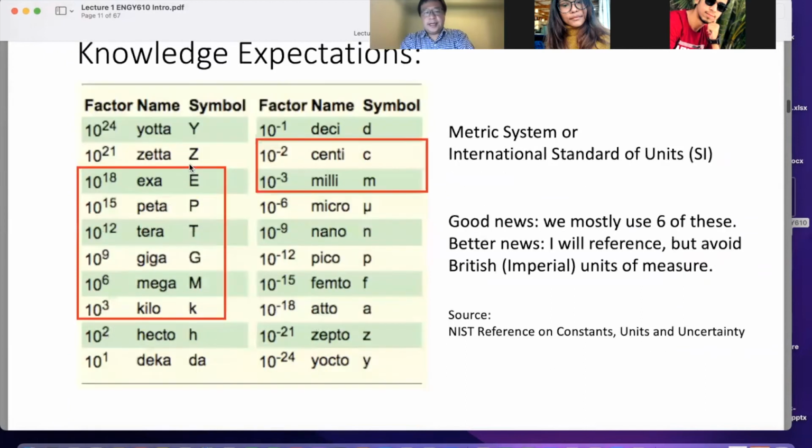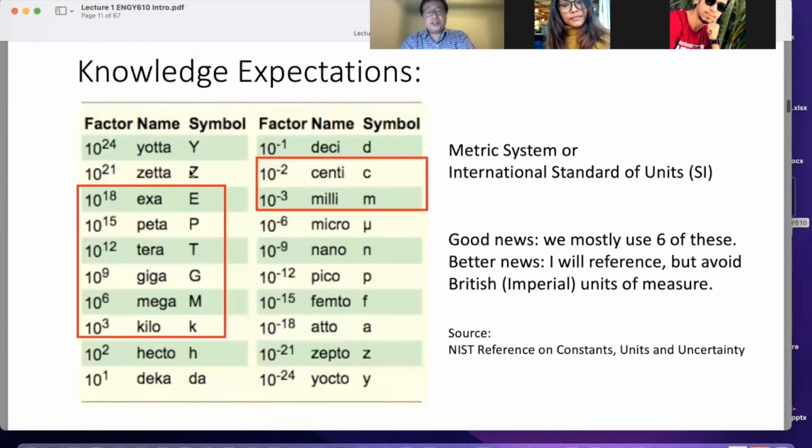First, I think these pages are very essential because when you do your calculation, sometimes I've seen some people like to present numbers such as 1 million kilowatt, which is not very good.